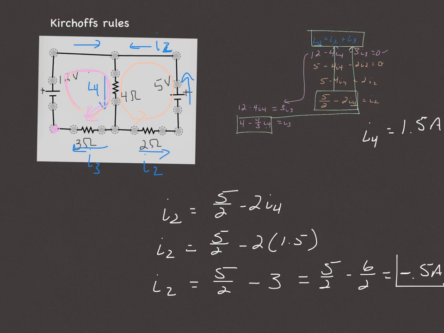Oh, interesting, huh? What does the negative sign mean? All that means is that we chose the wrong direction. So instead of I2 moving this way through the circuit, I2 is moving this way through the circuit.